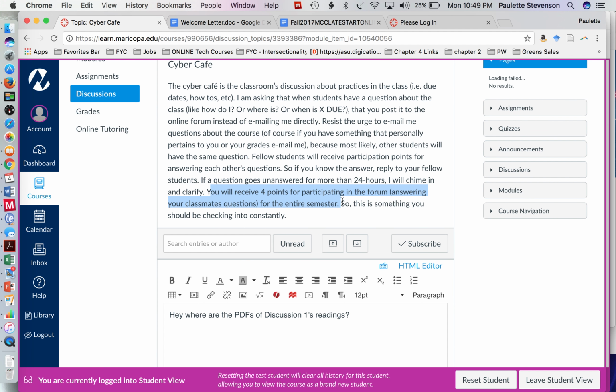That is 4 percentage points. So keep that in mind. Participate early, participate often. Ask questions. If you are 100% clear on this online class, answer questions. I don't care. The 4 points, you get them if you ask or answer questions either way. If you do not participate on this board at all through the entire semester, I can't give you points, okay?